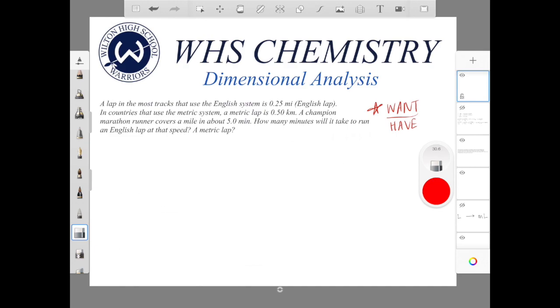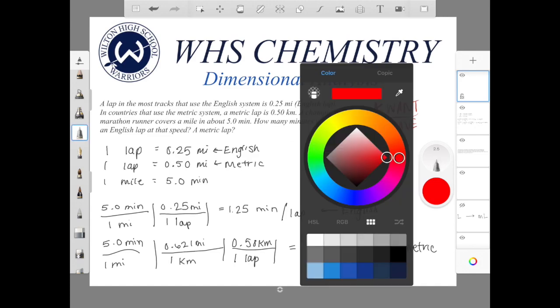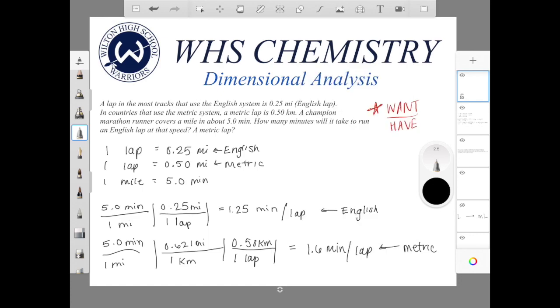For this problem, it's easiest to start off by writing out what the problem gives you. We wrote that 1 lap is equal to 0.25 miles, which is the English, and make sure you label which is which. And 1 lap is equal to 0.5 kilometers for a metric lap.